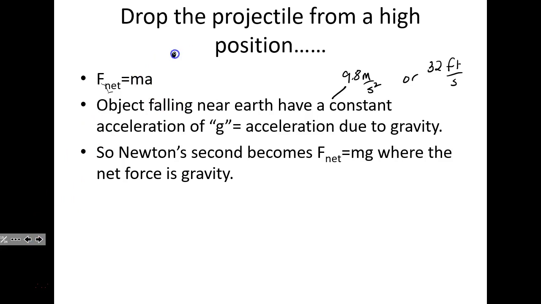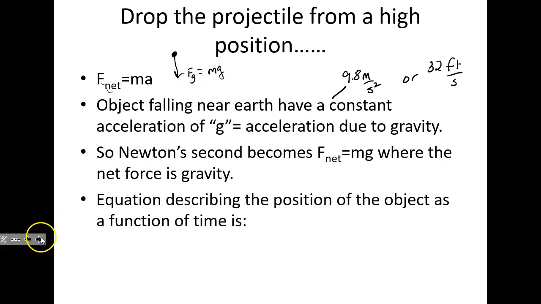So if we draw that free body diagram at any position, if this is the ball and we draw a vector for the force, the vector is going to be straight down, and that would be a force due to gravity, which is equal to m times g, which is really just the weight of the object. So the equation describing the position as a function of time, however, is not F equals ma.